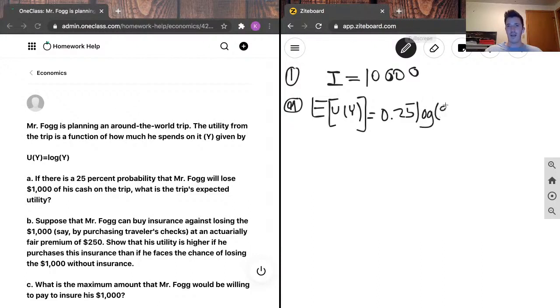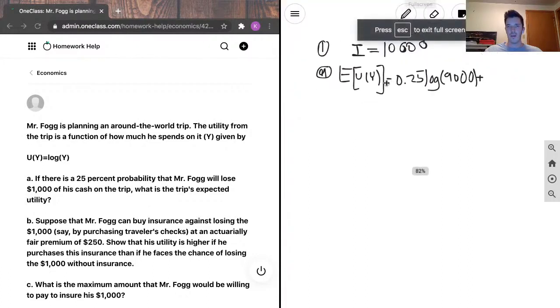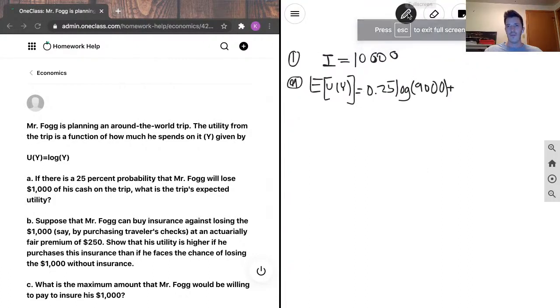So 10,000 minus 1,000 is $9,000. Plus a 75% chance that he doesn't lose any money and he gets his full income for the trip, which is $10,000.